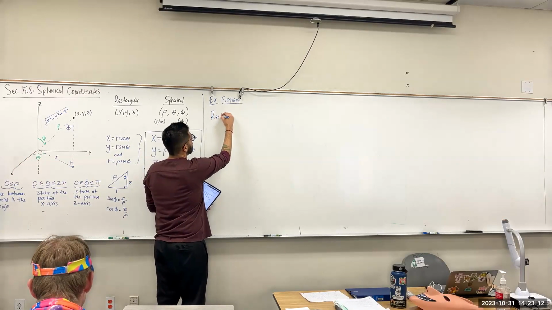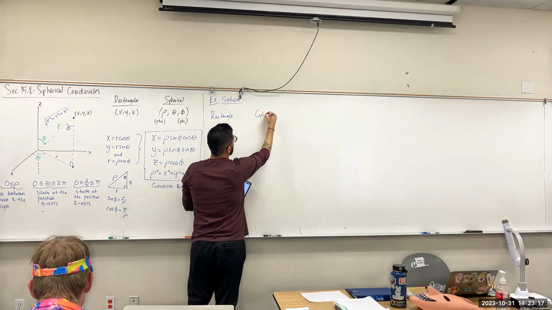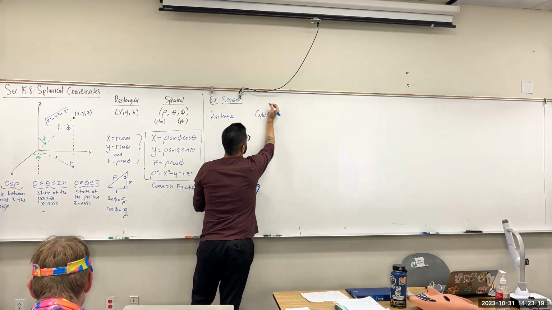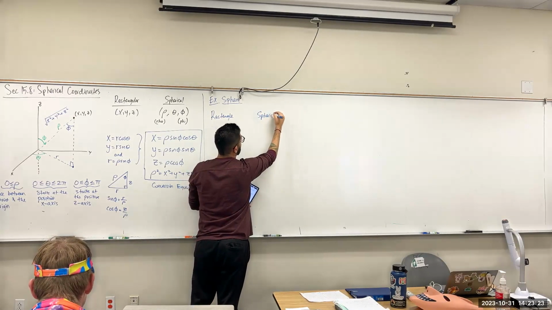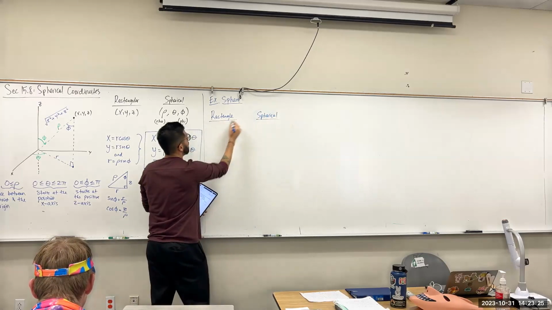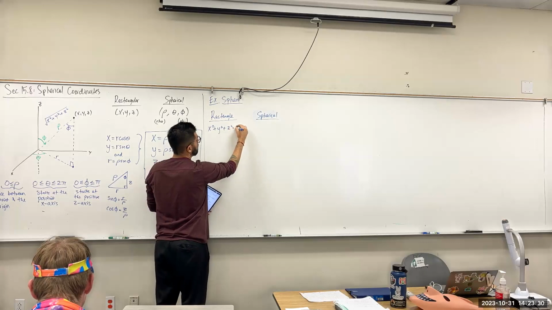So when I have a sphere, give me a random radius, guys. 2? Okay. All right, so let's say I have a sphere of radius 2.